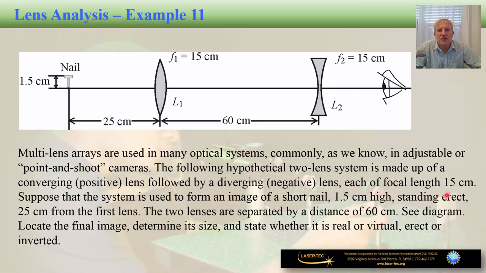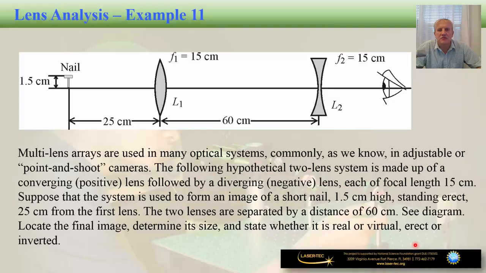Both of them have a focal length of 15 centimeters, and the assumption is that the system is used to form an image of a short nail that's about 1.5 centimeters high, standing erect 25 centimeters from the first lens. The two lenses are separated by a distance of 60 centimeters, as shown in the picture, and you are asked to locate the final image, determine its size, and state whether it's real or virtual, erect or inverted.